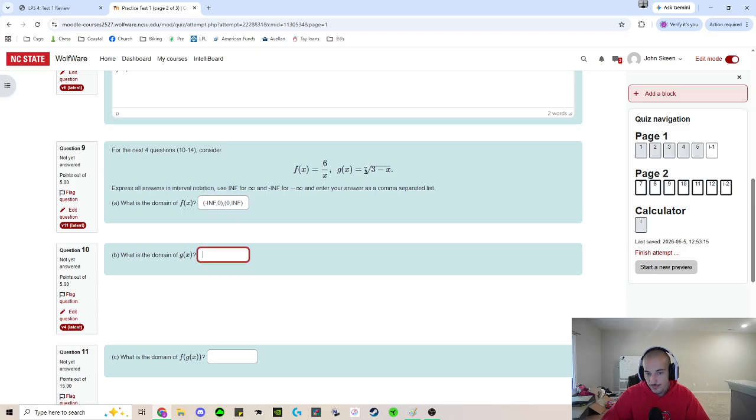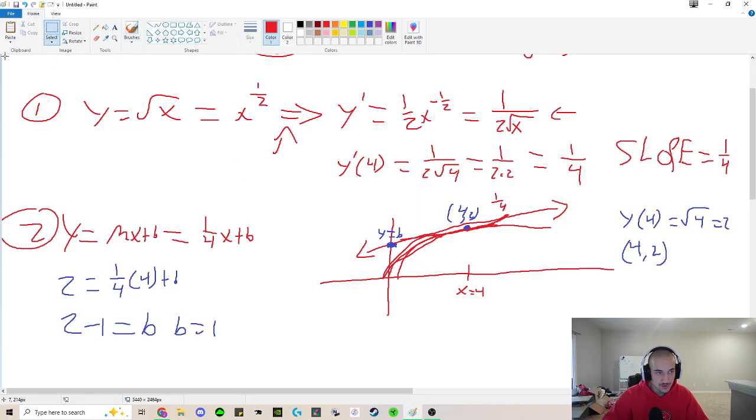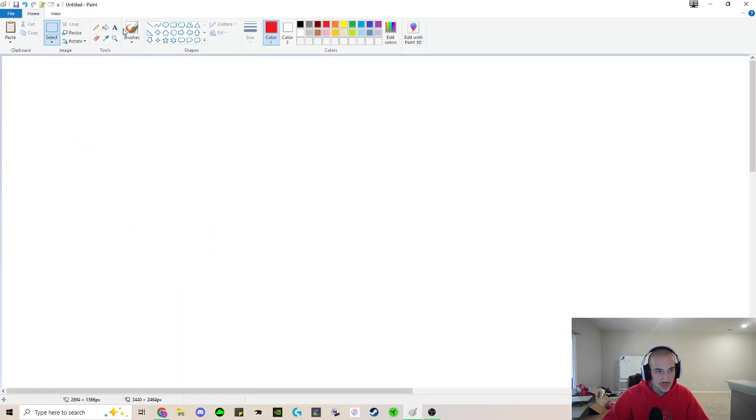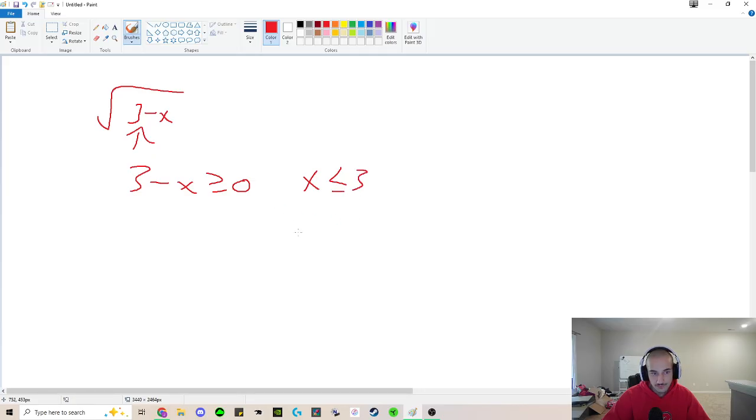What's the domain of g? Well, g here, the inside has to be greater than or equal to 0. We can do a little bit of algebra here if we're not super confident just looking at it. We say 3 minus x has to be greater than or equal to 0, and this means that x has to be less than or equal to 3. This makes sense.